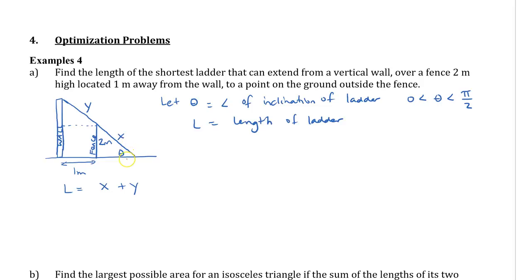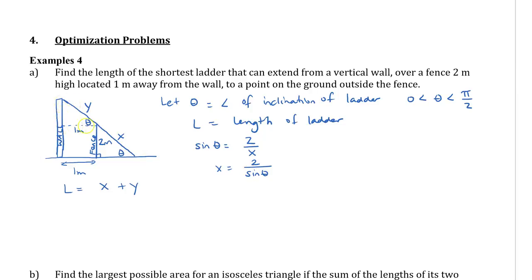All right, so now how can we create any information here? So we also know that this is going to be 1. And this also has to be theta, because these are corresponding angles, because we're going to make these two lines parallel. So one of the things we can do is say that sine theta, based on the bottom small triangle down here, is equal to 2 divided by x. So therefore, x is equal to 2 over sine theta.